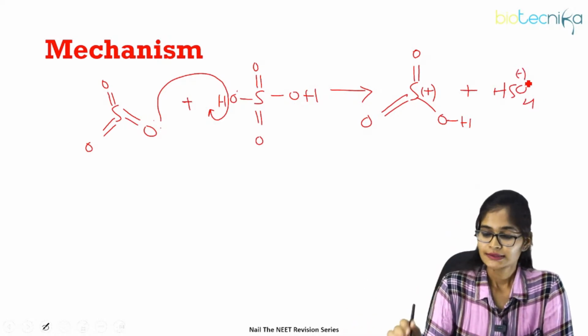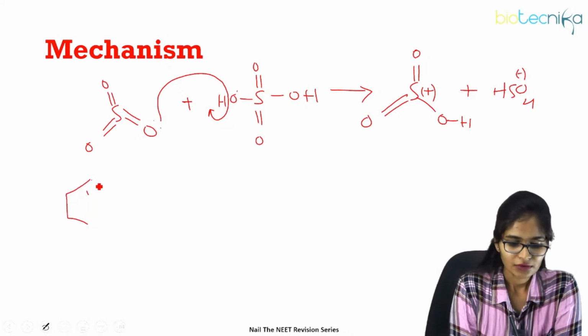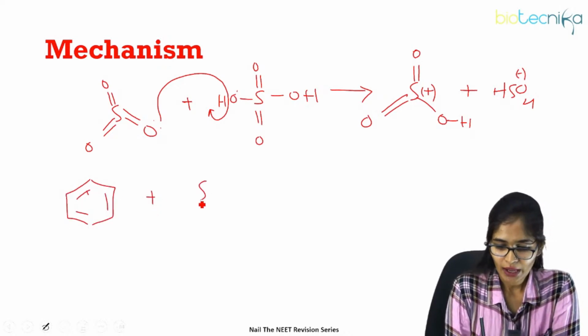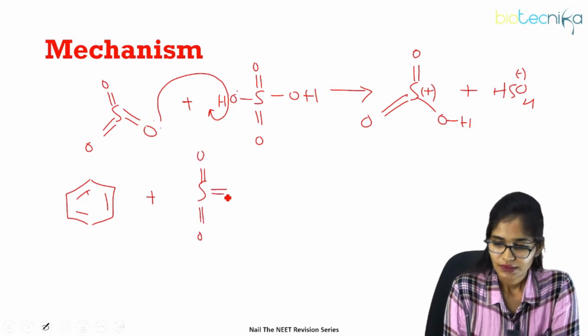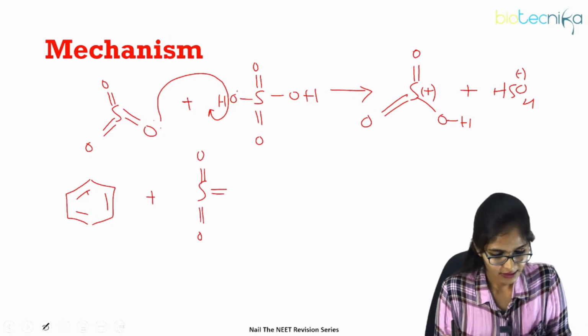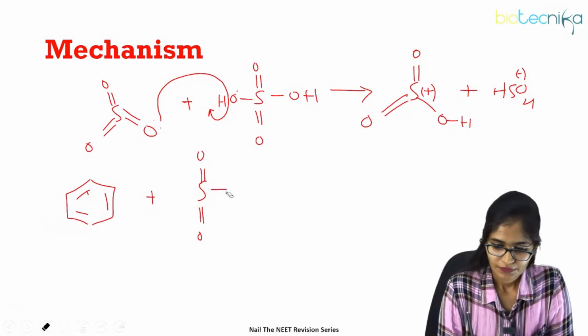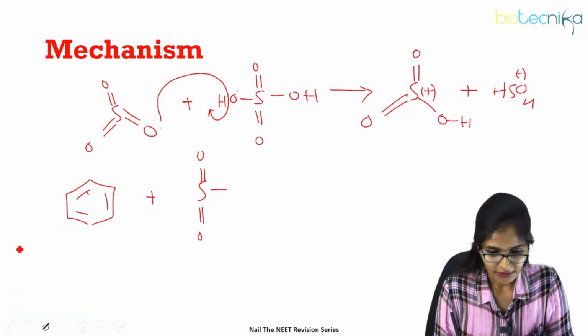Now this electrophile has to attack the benzene ring. I will consider benzene, and you have your SO3H, which is mainly attacked by benzene.